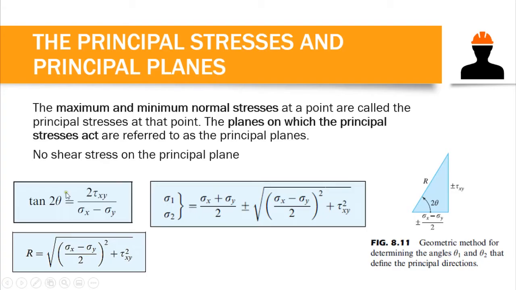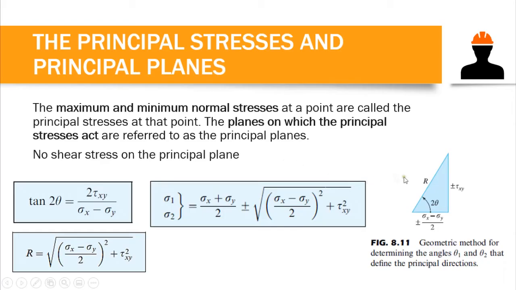Now, for computing the maximum and minimum normal stress, we just use this formula here, with the same sign convention, but take note we have positive and negative. So if we solve positive first, then negative, the maximum absolute value would be our maximum normal stress. And the lesser absolute value would be our minimum normal stress.